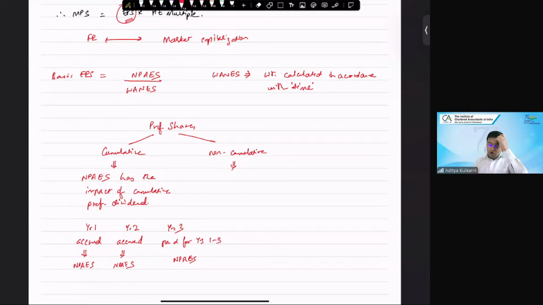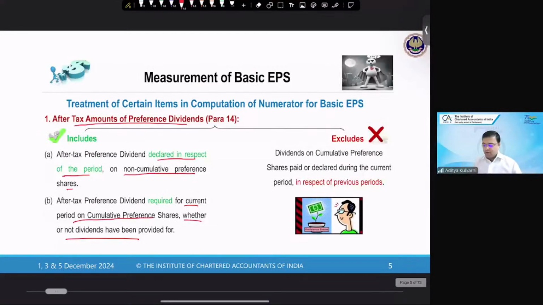And therefore, non-cumulative, you will consider only when declared by the company. Only when it is declared by the company. That is exactly what is written.